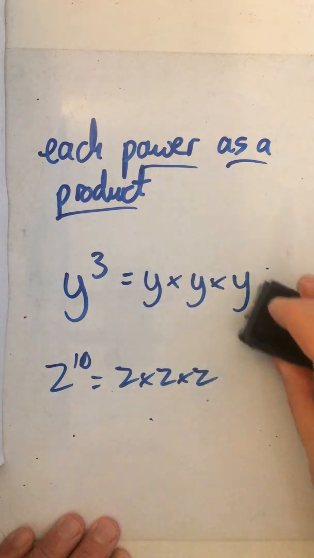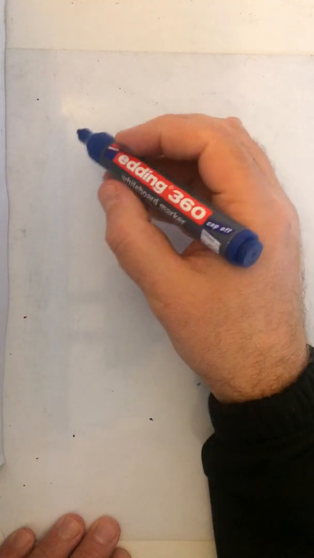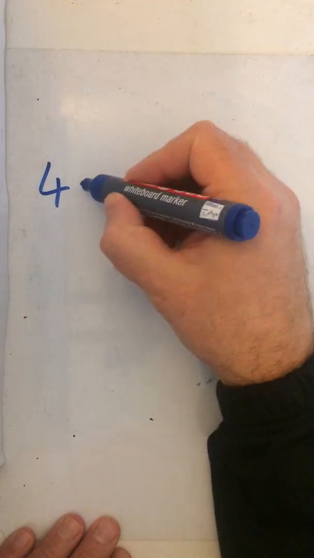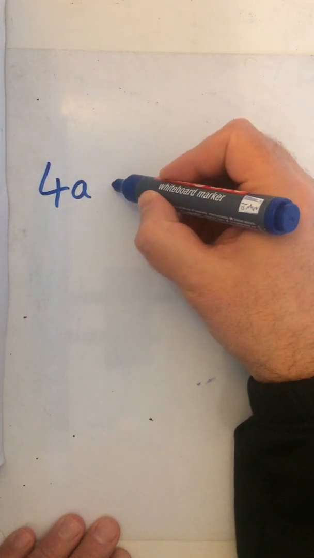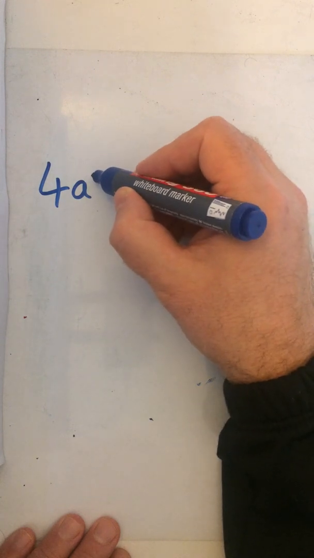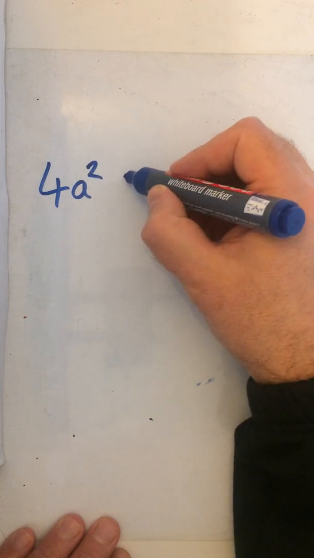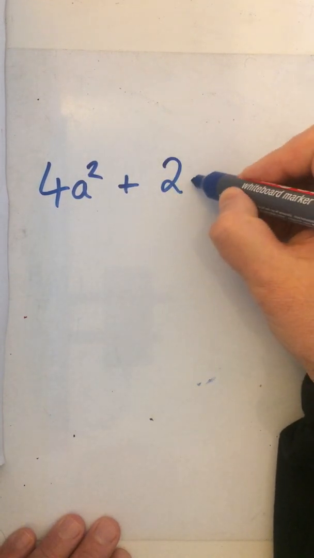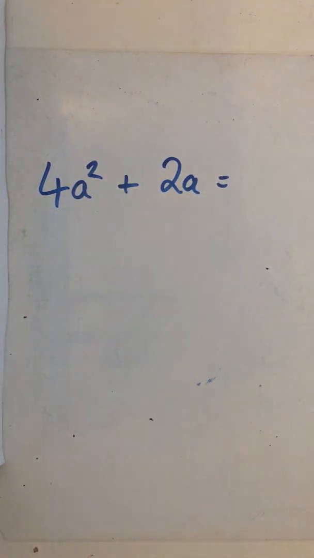You're writing it out. A little bit on simplifying. So let's go with 4a squared plus 2a. Can we simplify that expression?